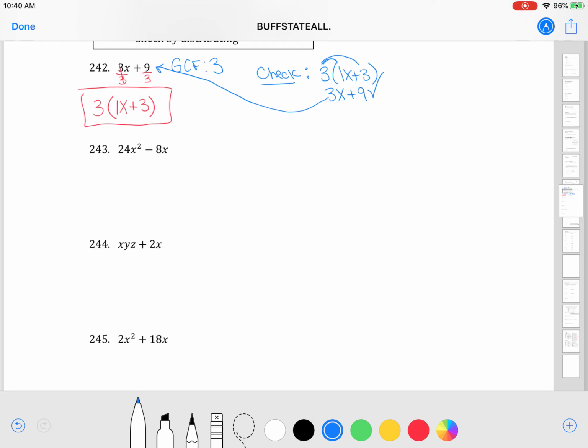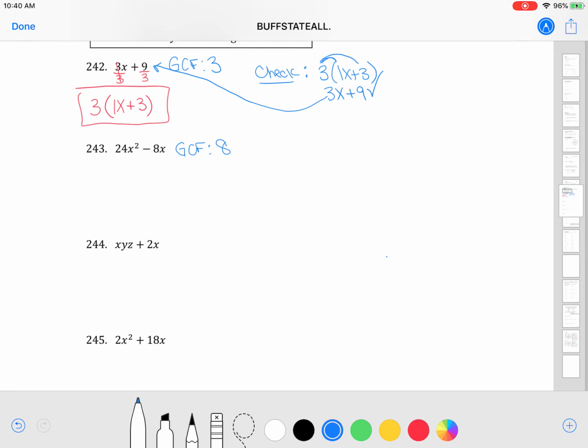All right, let's do it again for the next one. So between those two terms, 24x squared and 8x, I have to figure out if it has a GCF, and if it does, what it is. Between 24 and 8, ignoring the variables for now, my greatest common factor is going to be 8.